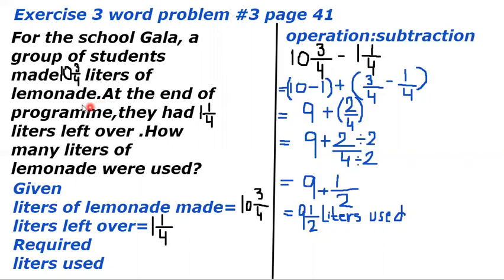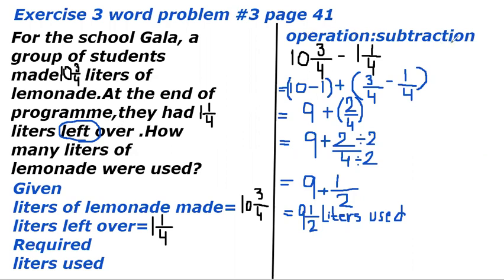In this question, what is the key word? I have got the keyword leftover. This is a clue word and it is giving us a clue that we have to use which operation?